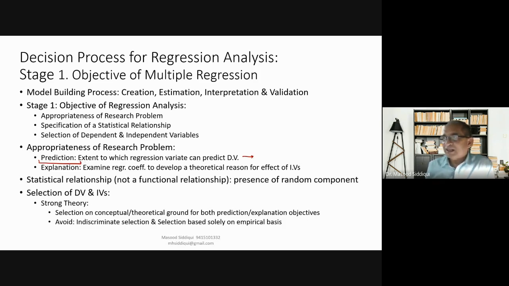Normally, in analytics or in data science or in machine learning, we are more interested in the prediction. But the other aspect is the explanation, which examines regression coefficients to establish theoretical reasons, right? Through this we can establish that these factors are affecting y, so there must be a theoretical reason.